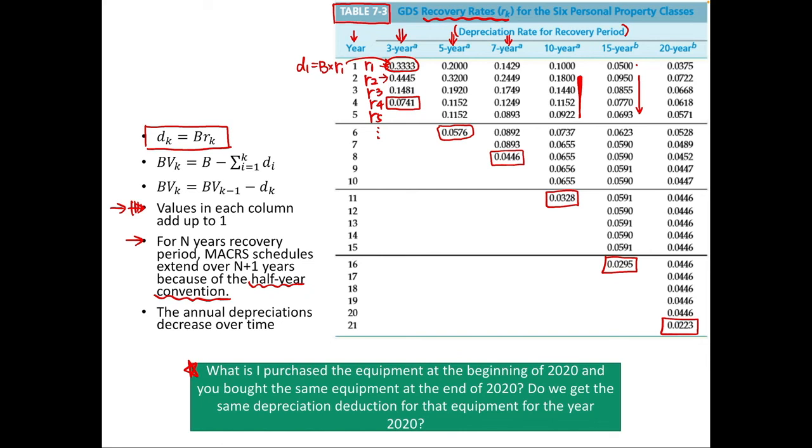But in order to have the special case covered, the IRS requires that for the first year, everybody will just depreciate half year value of that asset. Okay, so that's why R1s are smaller than R2s, and that's why we have an additional row for each column.